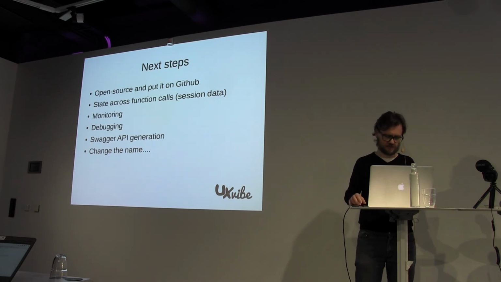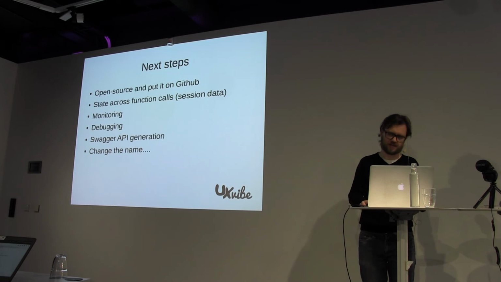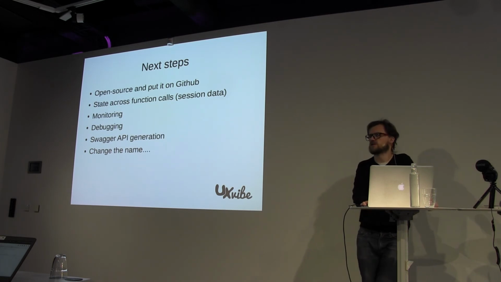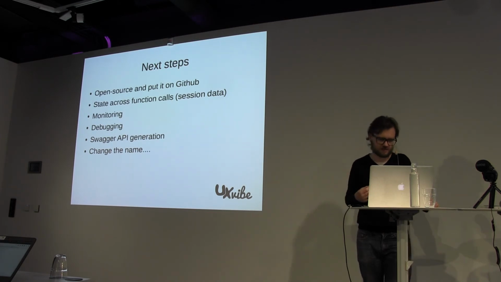Debugging is priority 1, because today when you upload the Lua handler to the backend, you have no way of knowing what is happening on the backend, because if you print something in the Lua script, it just goes to the logs on the server side, which is not very useful. You want it to come back to the client side.